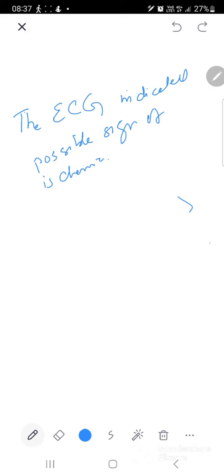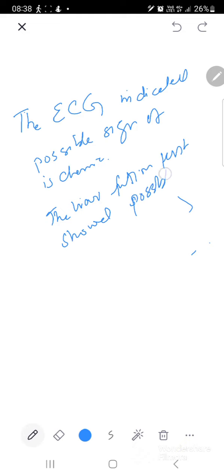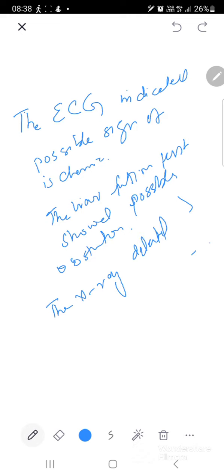For the liver function test showed such possible obstruction, or maybe the X-ray detected maybe a fracture, right? Anyhow, you can see that these are a few of the useful lines that you can use for the investigation part.